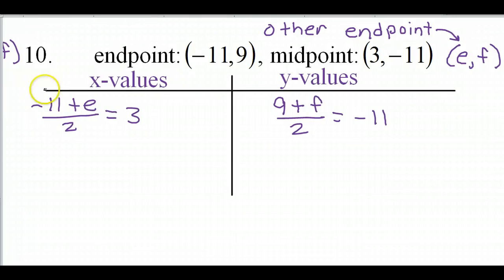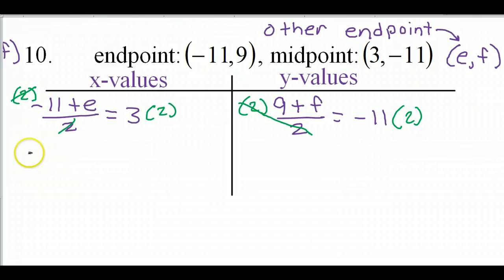Once again, I shall multiply both sides by 2. Multiply by 2 on both sides. These 2's will cancel each other out.